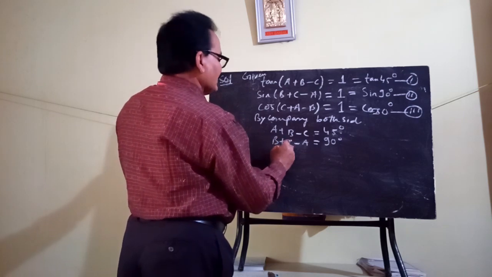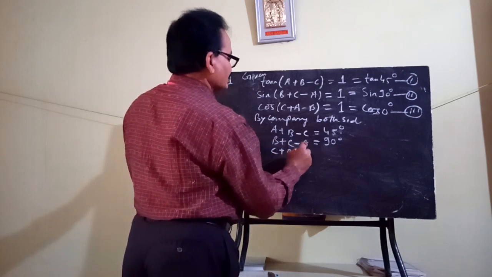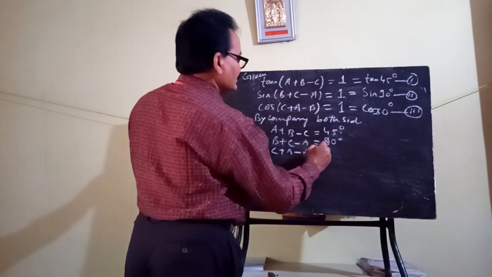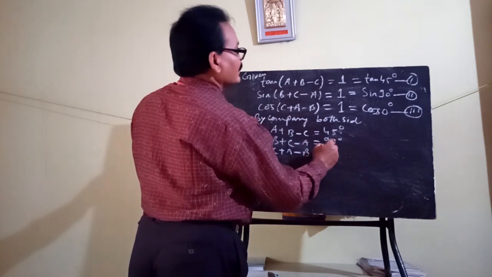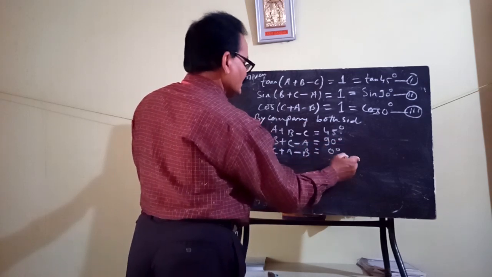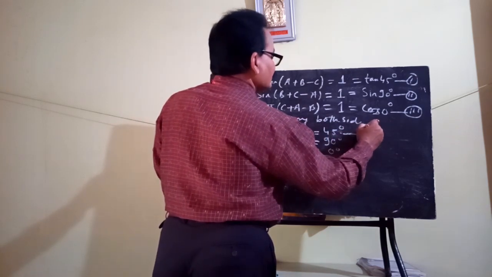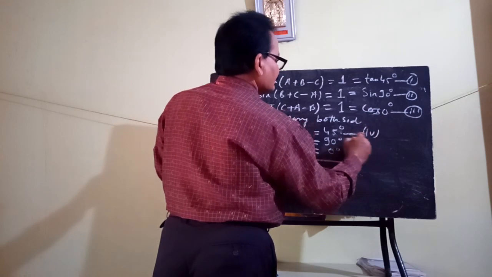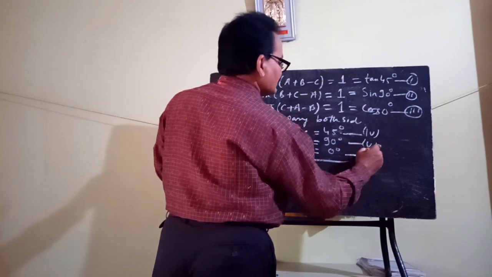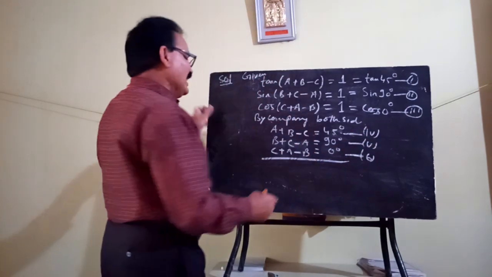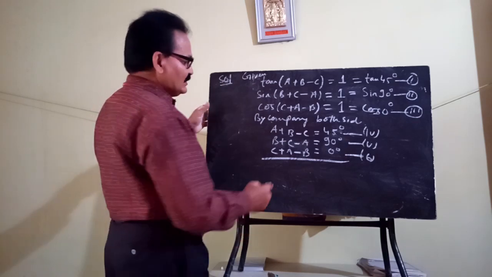Similarly, c plus a minus b is again 0 degrees. So you can consider these as your equations 4, 5 and 6. If you add all these, what will you see?